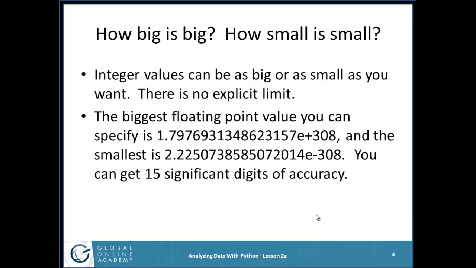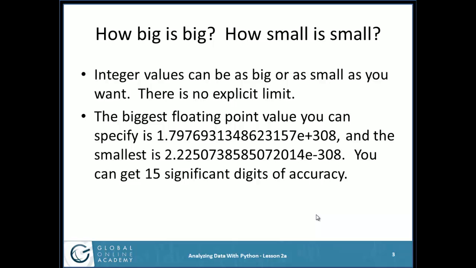For floating point numbers, there is a limit based on the way floating point numbers are represented inside the computer. The largest absolute value you can store is about 1.8 times 10 raised to the 308th power. That's like a 1 with 308 zeros after it. It's a pretty darn big number. It shouldn't be much of a problem for you.